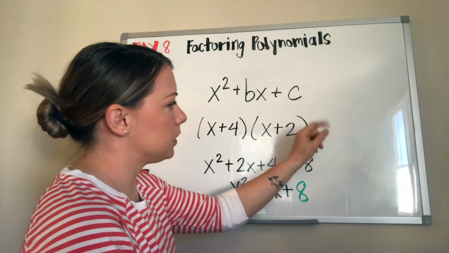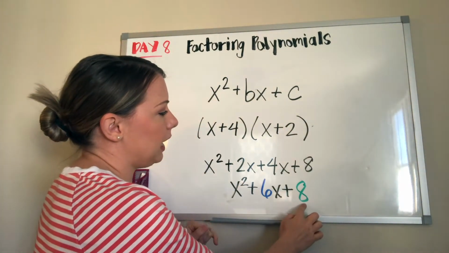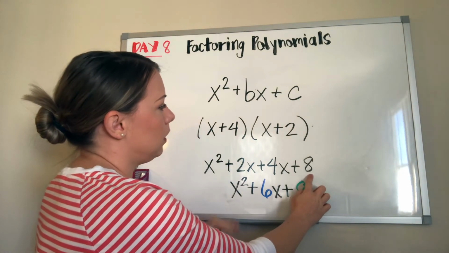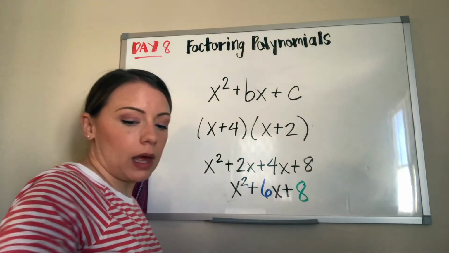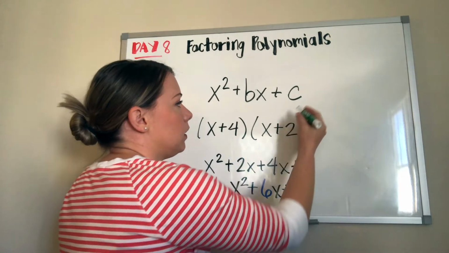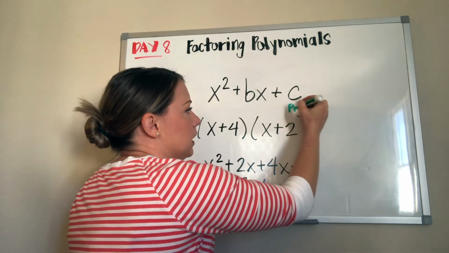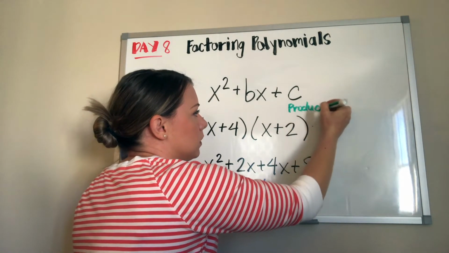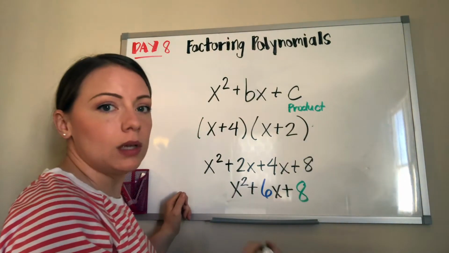Then I'm going to skip over to C. We know that 8 was created because 4 and 2 multiplied. Therefore, this number is a product of two given numbers.